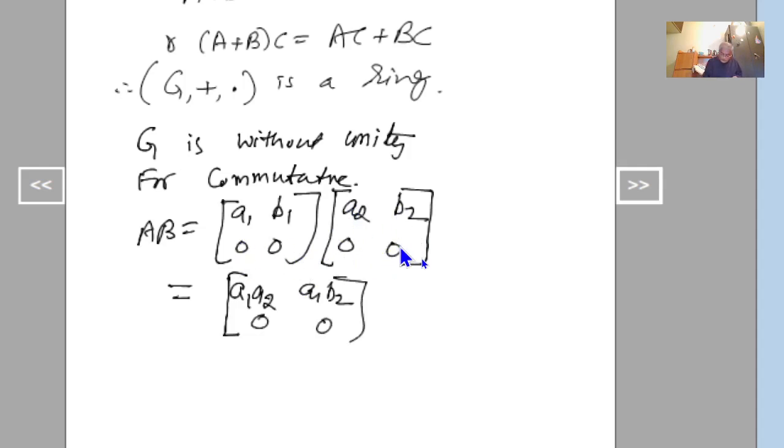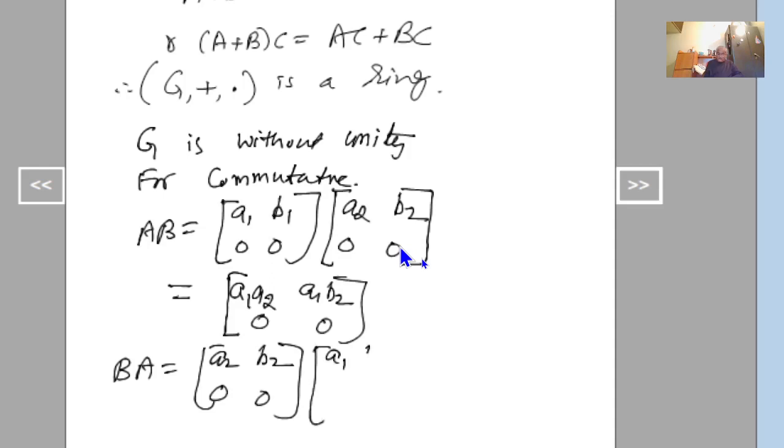This is our AB. And what is BA? BA is A2, B2, 0, 0 times A1, B1, 0, 0.